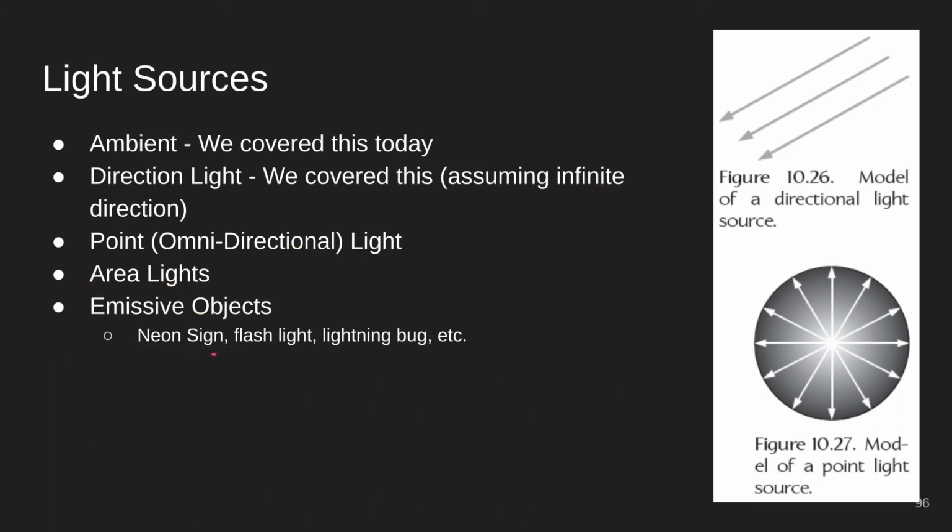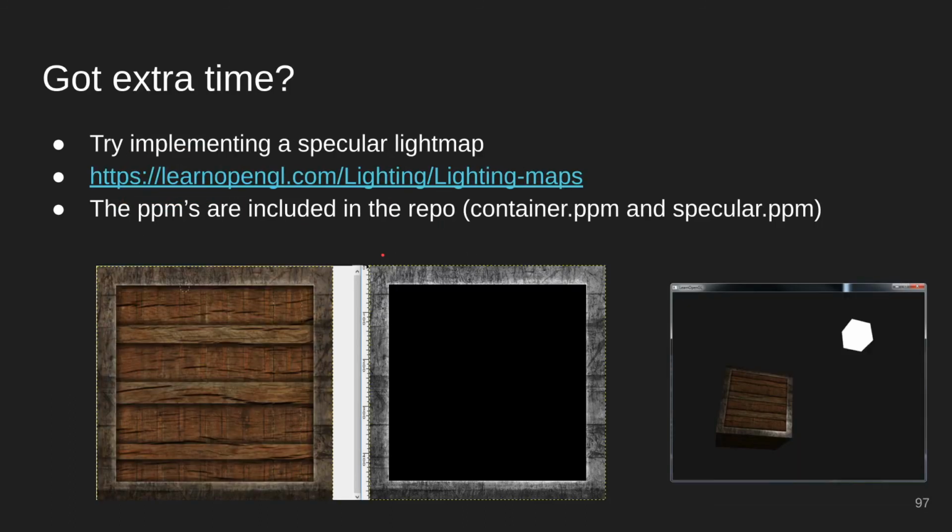You can think of neon scenes here, flashlights, lightning bugs for emissive things. Area lights could be like a very focused light under a microscope or something. A point light could be like when you're driving on the highway, a spotlight of sorts. So there's many different other light sources that you can abstract upon. We've just had this directional light today. Okay.